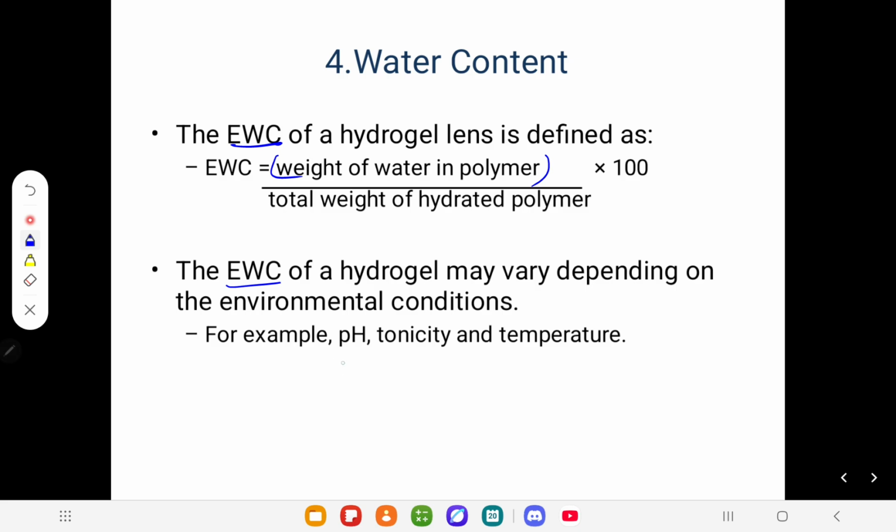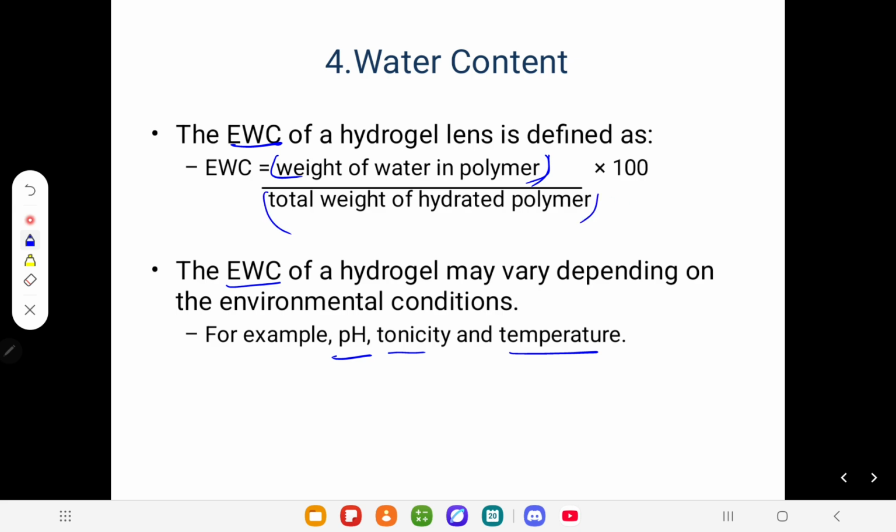Equivalent water content of a hydrogel may vary depending upon the environmental conditions. See, what do I mean by that? It means pH, tonicity, temperature, humidity, and there are a lot of things. But remember, what if we made the weight of the water 100%? Is it possible? It's not possible at all, because if you made water 100%, it means the total weight of the hydrogel polymer is also 100%.